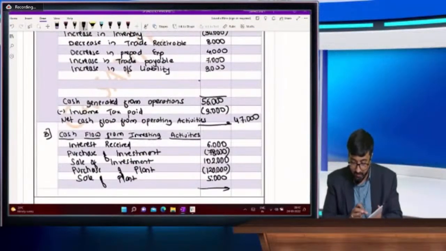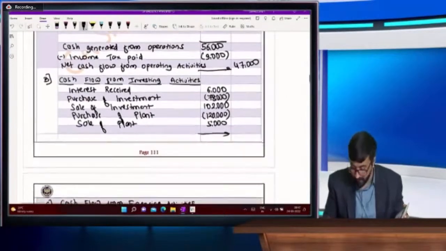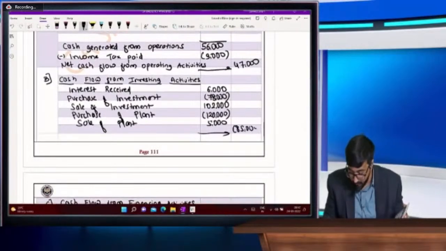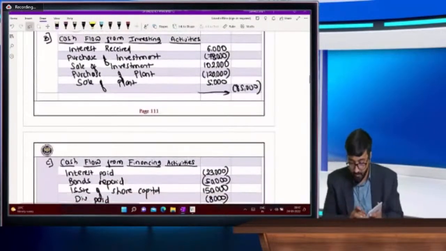6 minus 78 plus 102 minus 120 plus 5. I'm getting negative 85,000. And here, otherwise, you can take the positive figures first: 150 minus 23 minus 50 plus 8.